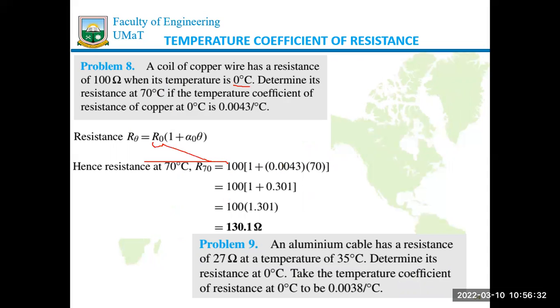It goes on to say, determine the resistance at 70 degrees Celsius, which means now theta has become 70, if the temperature coefficient of resistance of the copper at 0 degrees is that value.